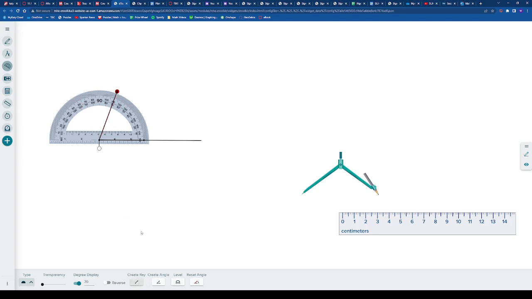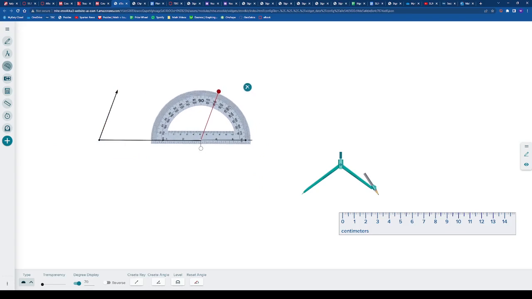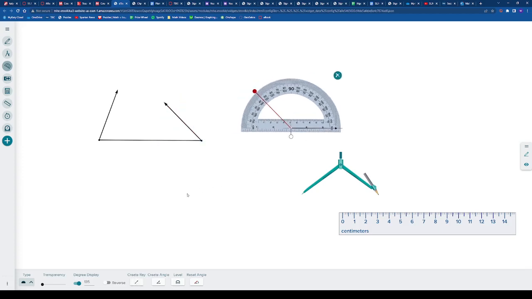Really doesn't matter. I'm going to create a ray. And then I'm going to put this other angle, which is also known. And this is going to be, say, 45 degrees. Create a ray.